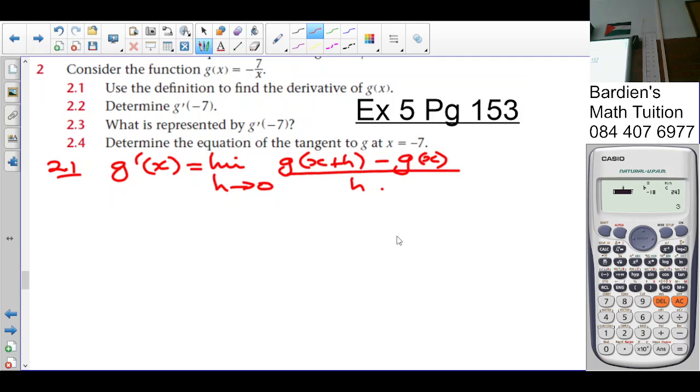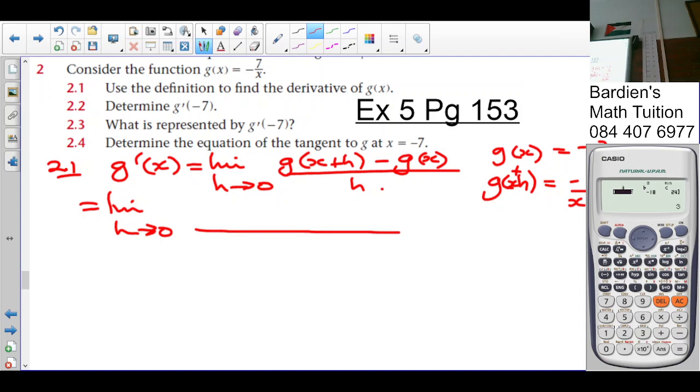So if g of x is equal to negative 7 over x, then what is g of x plus h then equal to? Negative 7 over x plus h. Not so? So I do my substitution. I go the limit as h approaches 0 of g of x plus h, it's going to be negative 7 over x plus h minus negative 7 over x all over h.